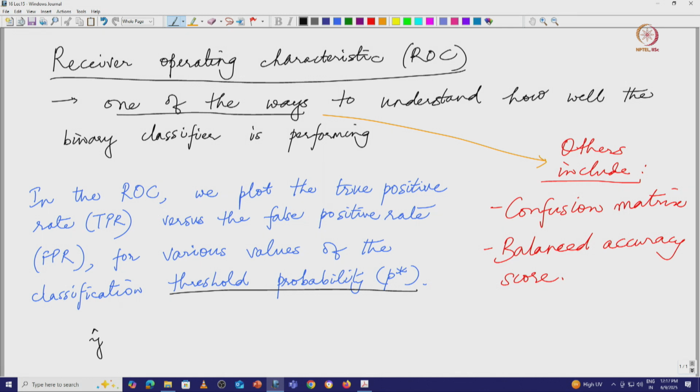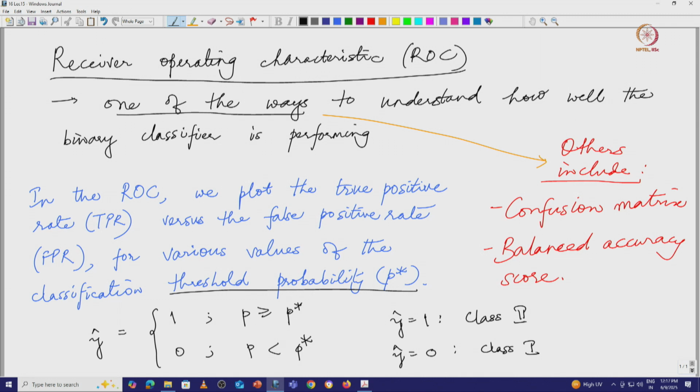So the predicted value of the class y hat is equal to 1 if your predicted probability by the logistic function is greater than or equal to p star, and this is 0 if p is less than p star, right. So this is what we learnt in the last class, and y hat equals 1 tells you that you predicted the second class, and y hat equal to 0 means the predicted class is the first class, right.